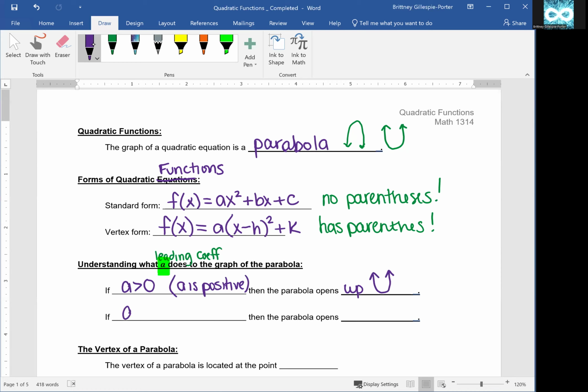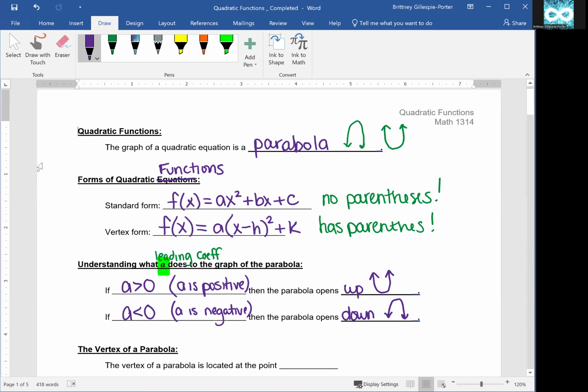If A is less than 0, which means that A is negative, then the parabola opens down. Here we go. Now the way to remember this is if you're positive, you're happy, and you smile, the corners of your mouth go up. If A is negative, so if you're negative, you're angry, you're frowning, and the corners of your mouth go down, down like a frown.